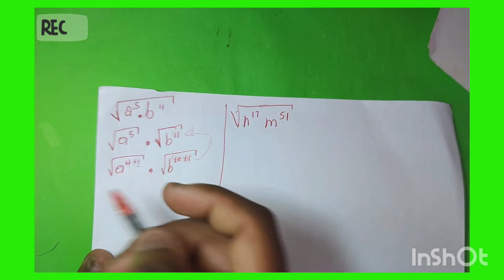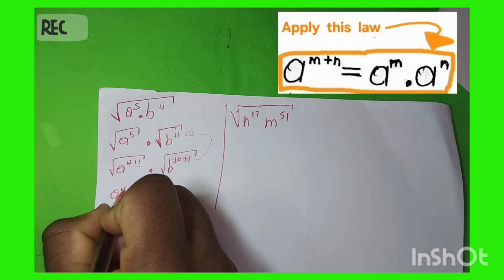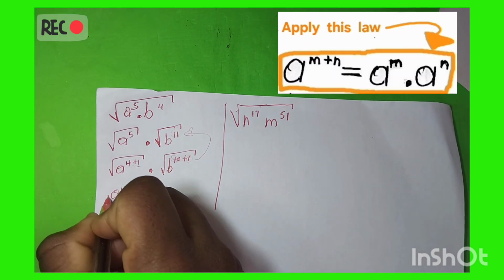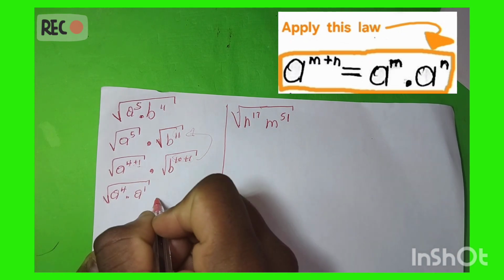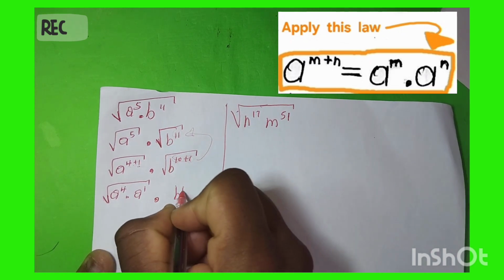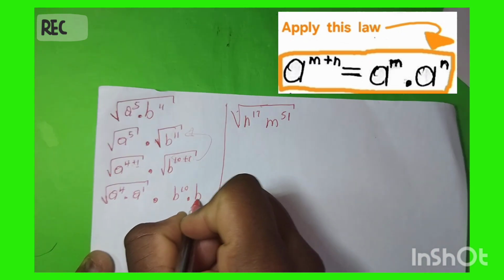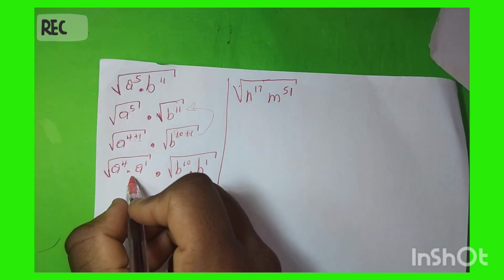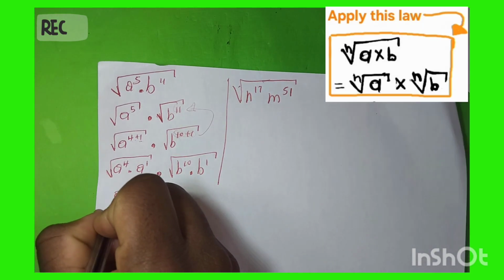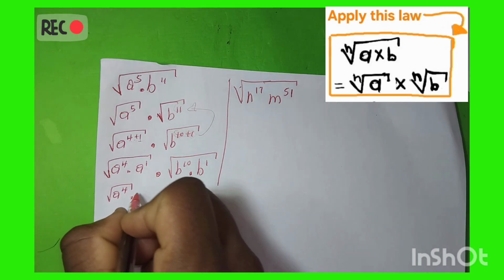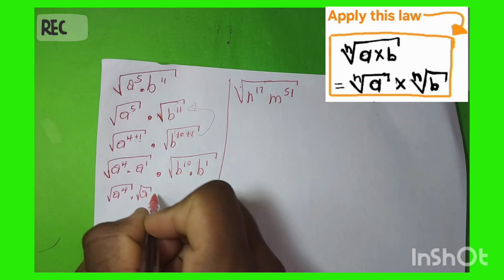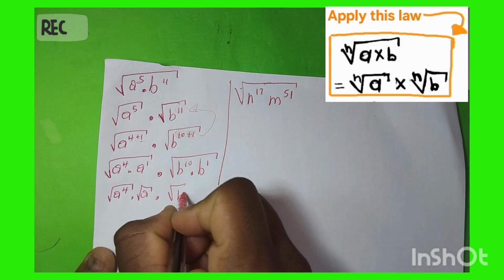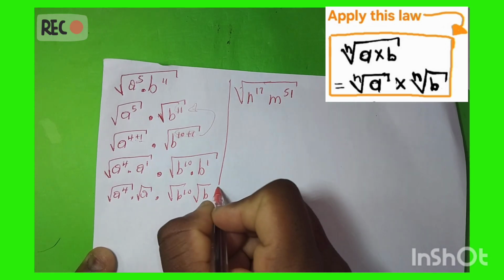So now I can break the exponent, which is 4 multiplied by a to the power of 1, and here multiplied by b to the power of 10 multiplied by b to the power of 1.